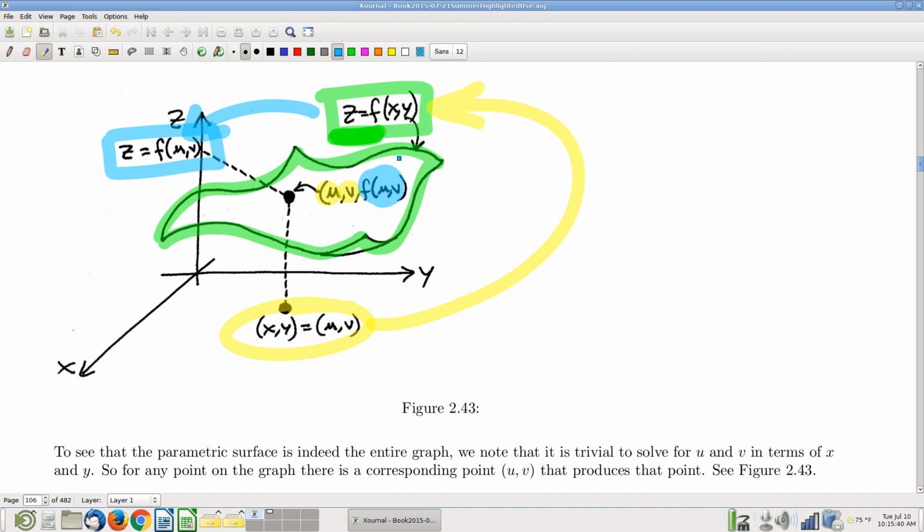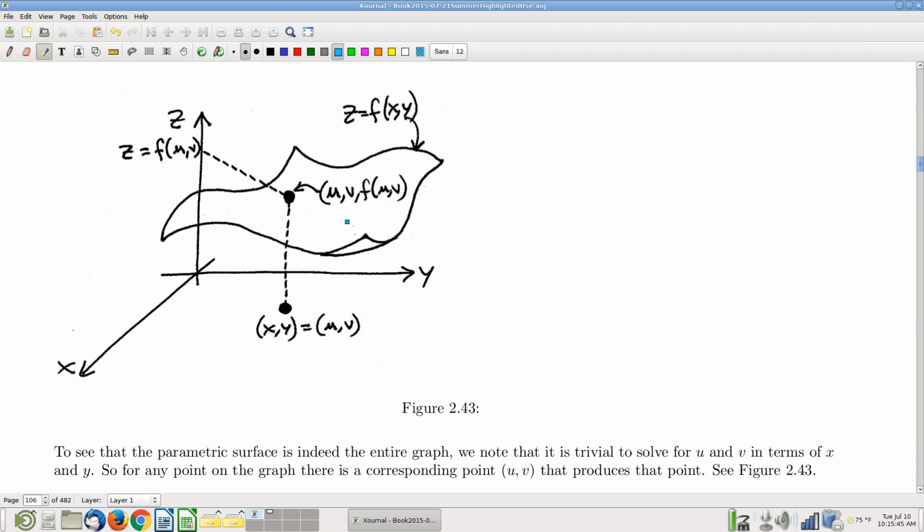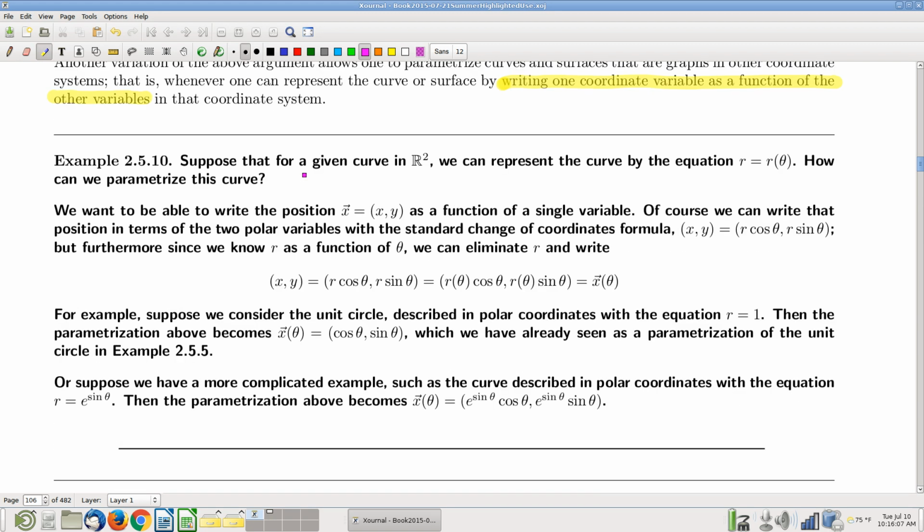Okay. All right. Now, let me point out that arguably the big trick here is, I presented this as, the big trick is that we're looking at a graph, but let's break this down a little bit more generally. What I'm really using is that one of the variables is a function of the other two. And there are other situations where this happens that you might not think of as graphs. So, for example, let's look at this example here. Suppose I can view R as a function of theta.